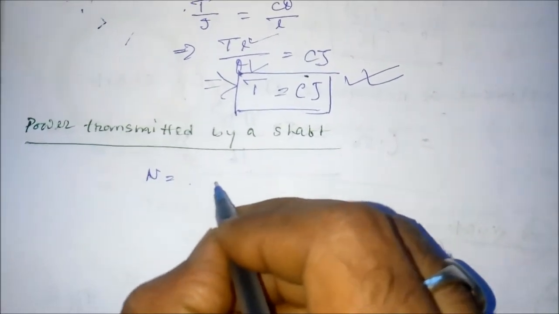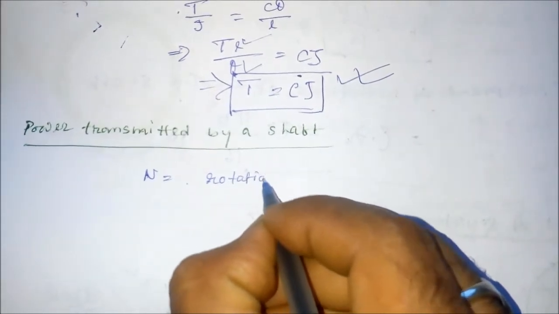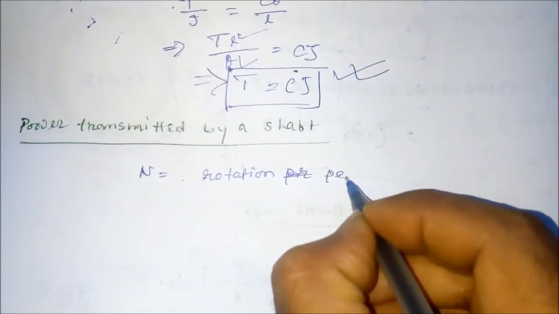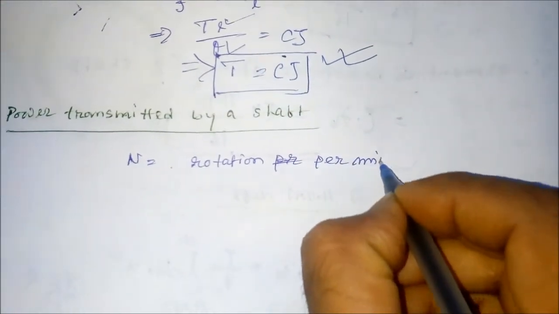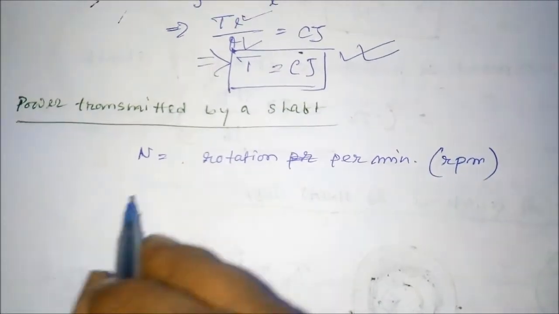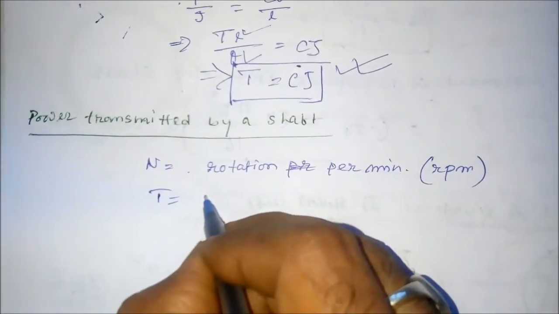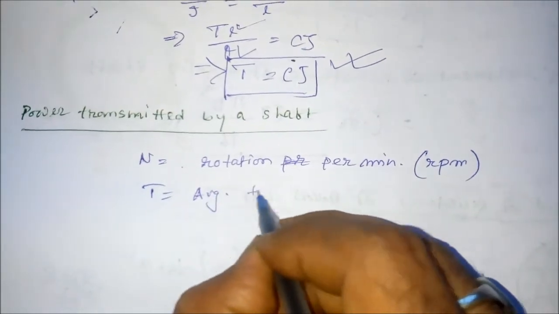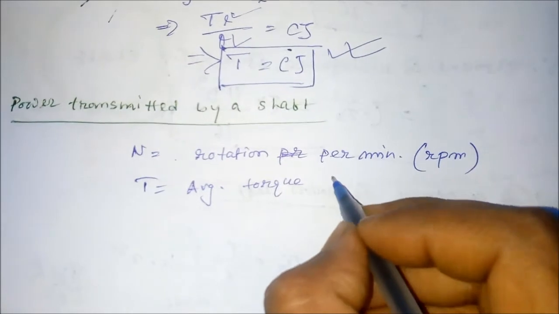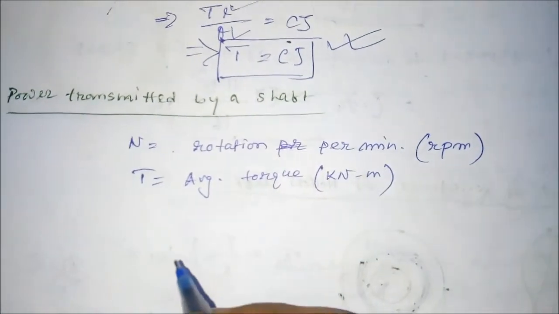And N is the rotation per minute. Suppose the unit is rpm, revolutions per minute. And T is the average torque, right? And suppose this unit is in kilonewton meter, right?